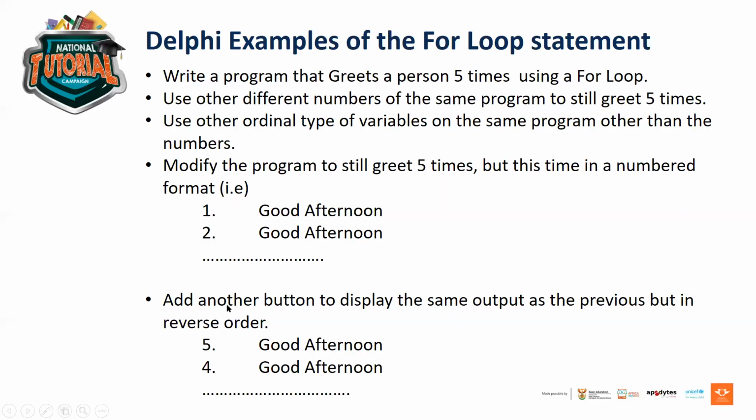Okay, look at this. Add another button to display the same output as the previous, but in the reverse order. I need you to try this one out, and I need you to understand this.